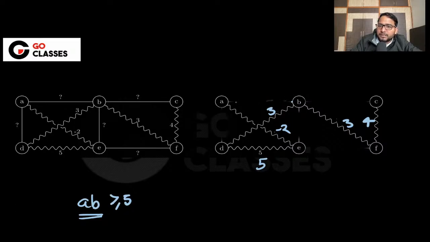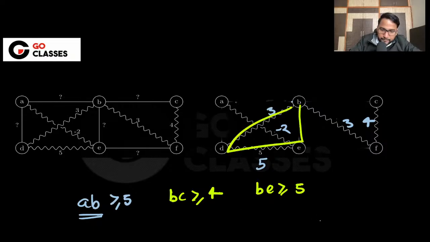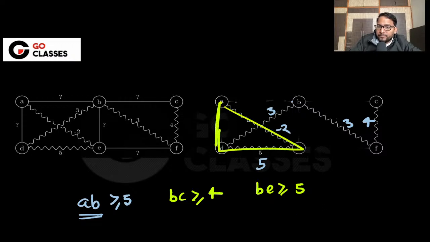What about other edges? So what about this edge, maybe this BC? BC must be greater than or equal to 4, right? What about this BE? BE is forming a cycle here, so BE again must be greater than or equal to 5. What about this AD? AD must be greater than or equal to again 5.